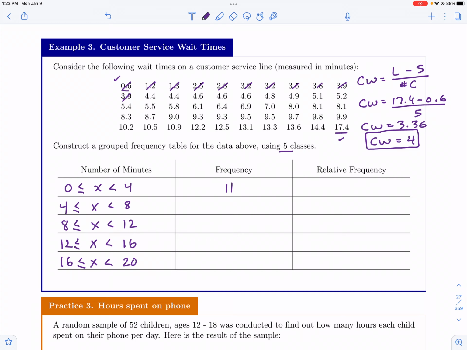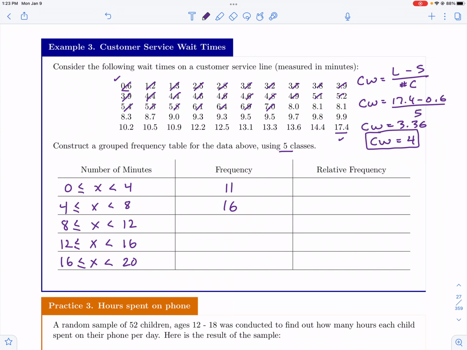Now I want to pick up any numbers that are between 4 and 8. So I'm going to get 1, 2, 3, 4, 5, 6, 7, 8, 9, 10, 11, 12, 13, 14, 15, 16. So in this case, notice we do have 8 exactly on there, but since 8 exactly is going to go in the next row, we want to stop there, and that's going to be our 16.